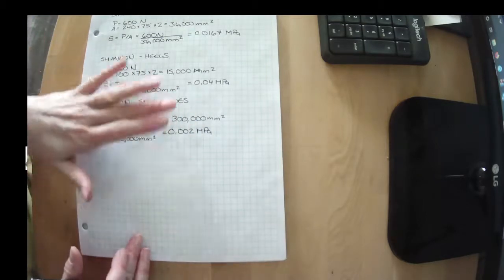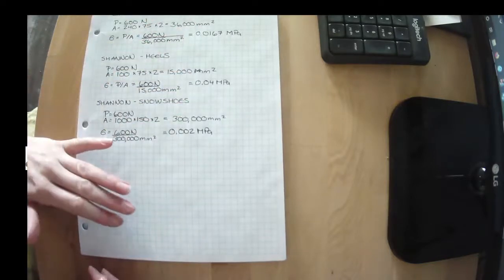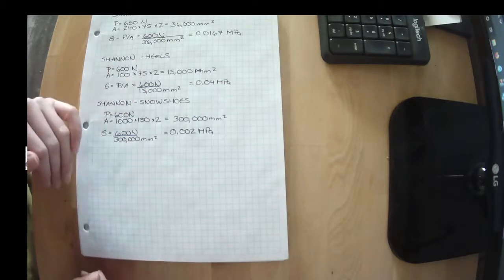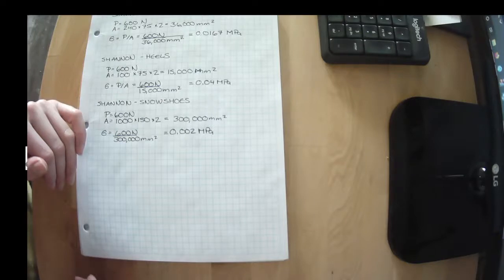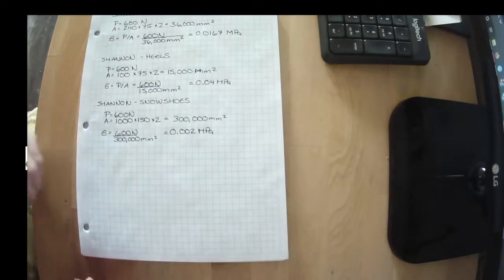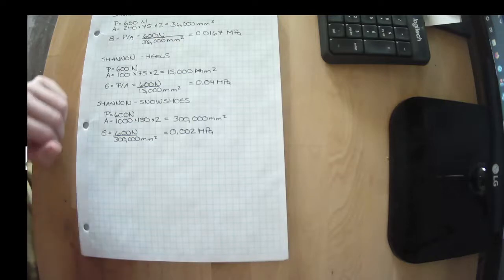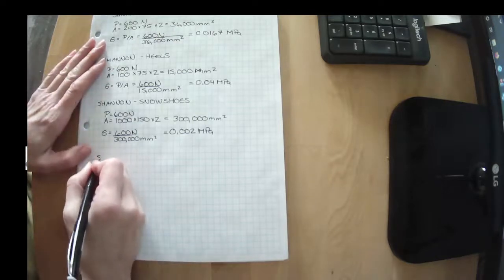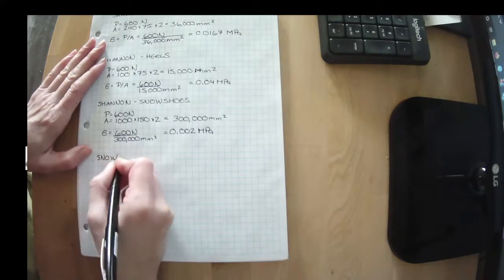And if we knew how much stress the snow could take before it failed, we would know if I could walk across the snow. Let's say our snow could take 0.01 MPa. I'm making this up on the fly.